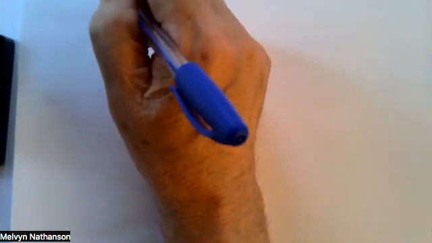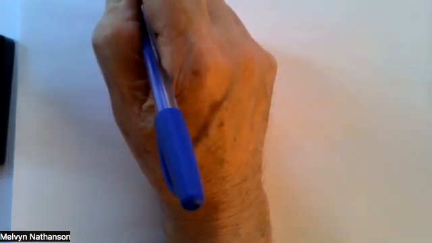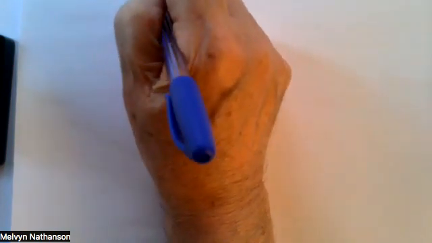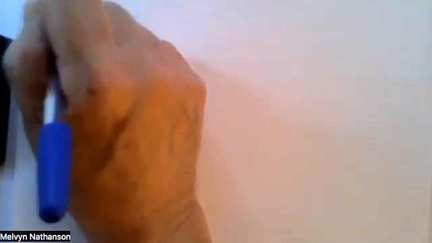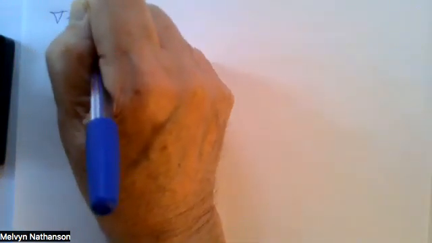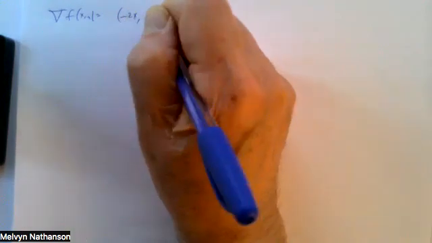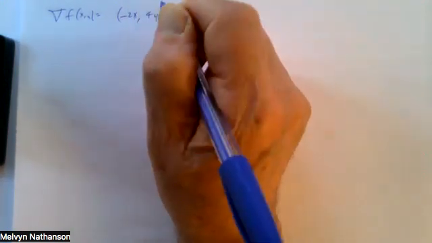we have the function f of x, y equal to minus x squared plus 2y squared. And we take the point P with coordinates (3, minus 1). So the gradient of f at (x, y) is minus 2x, 4y.